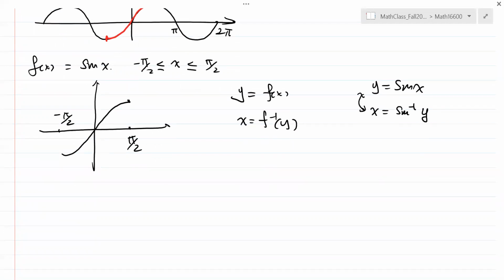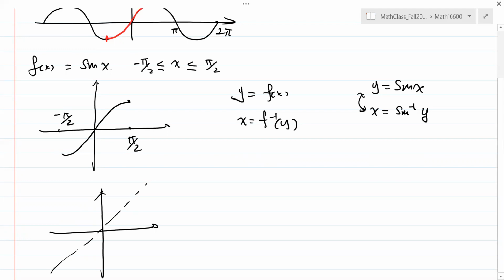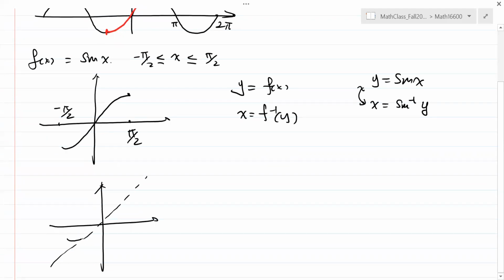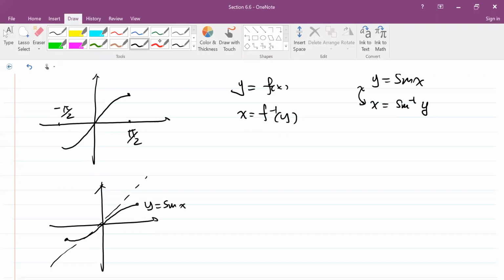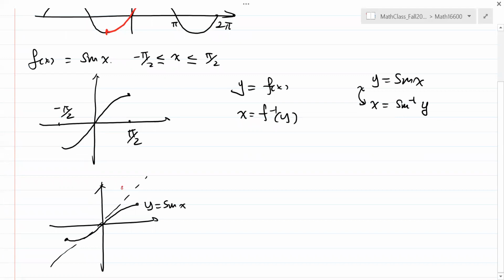Okay. So how can I draw the graph? So let's try this. Okay. This is the middle line. Okay. I believe the graph would look like that. This is already in the graph. Okay, so this is a sine function. Okay, y equals sine x. So the inverse will be the graph symmetric to that one. And let me use a different color.